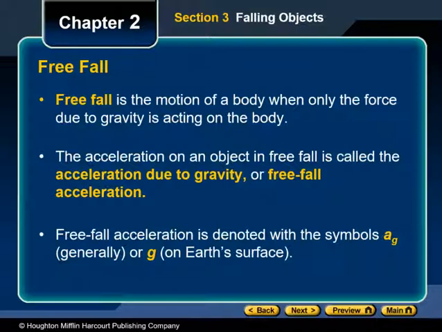This acceleration is directed downward toward the center of Earth. In our usual choice of coordinates, the downward direction is negative. Thus, the acceleration of objects in free fall near the surface of Earth, which is to say a sub g, is equal to negative g, which is equal to negative 9.81 meters per second squared. Because an object in free fall is acted on only by gravity, a sub g is also known as free fall acceleration.